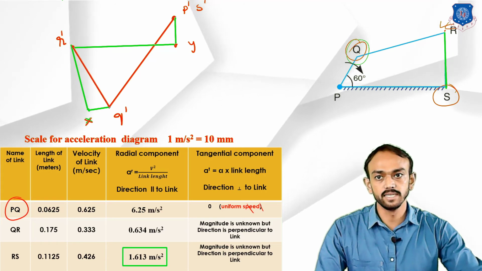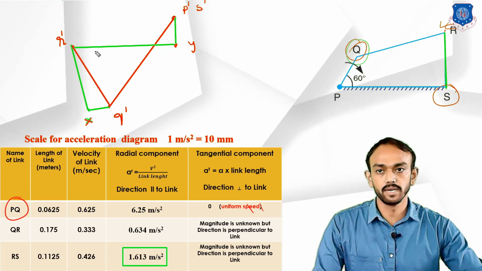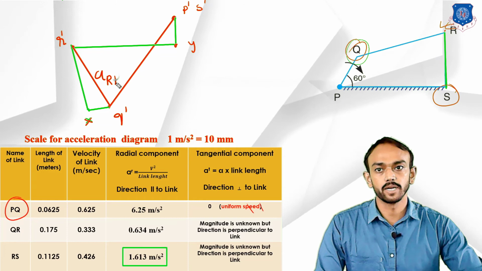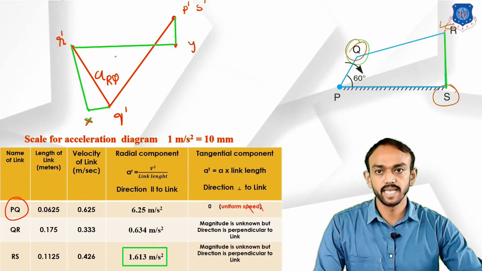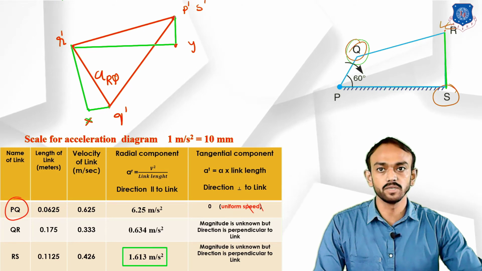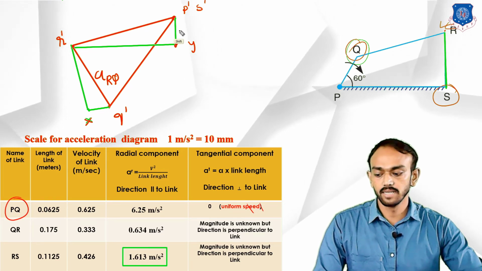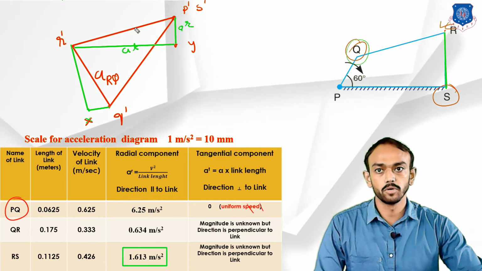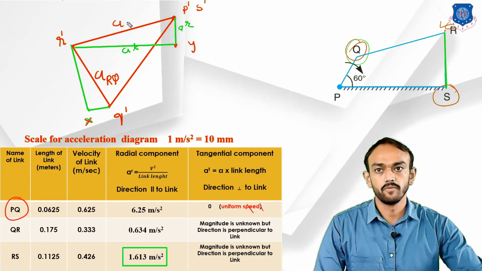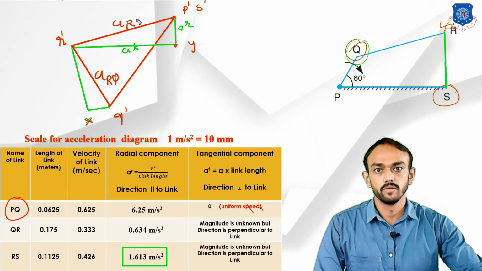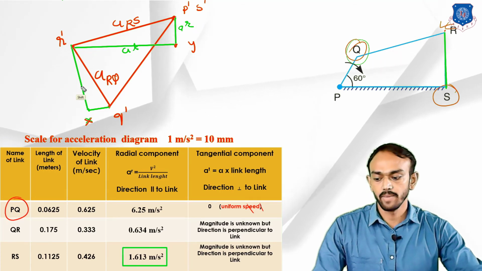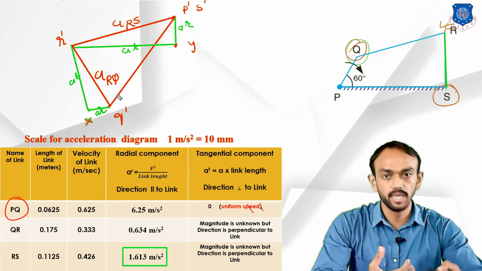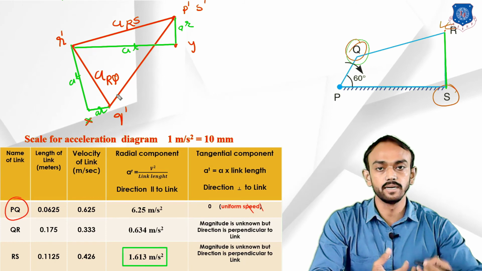The resultant will be the final acceleration of R with respect to Q. Same, you can see this is the final acceleration because it is the resultant of this radial component and this tangential component, and this will give us the final acceleration of R with respect to S. That's how radial and tangential components give us the final resultant acceleration.